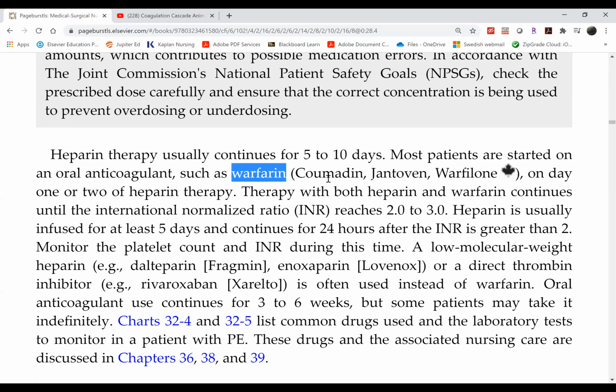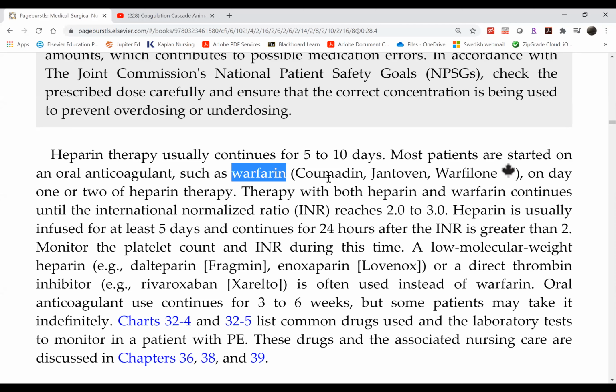Now, if you look at the clotting cascade, it made no mention of vitamin K. Coumadin is a vitamin K antagonist. This one is only going to affect 4 types of clotting factors, which are dependent on vitamin K. So since we need vitamin K in order to produce clotting factors, warfarin has no effect on existing clotting factors.